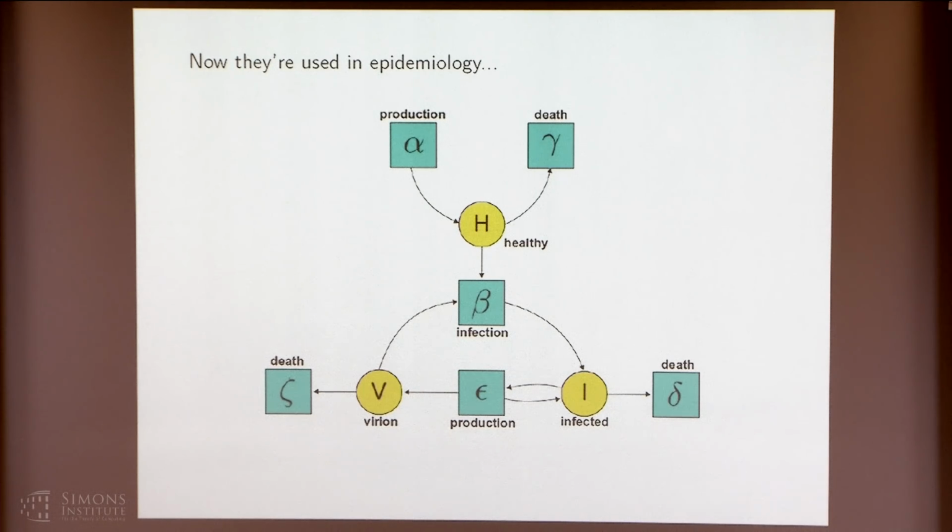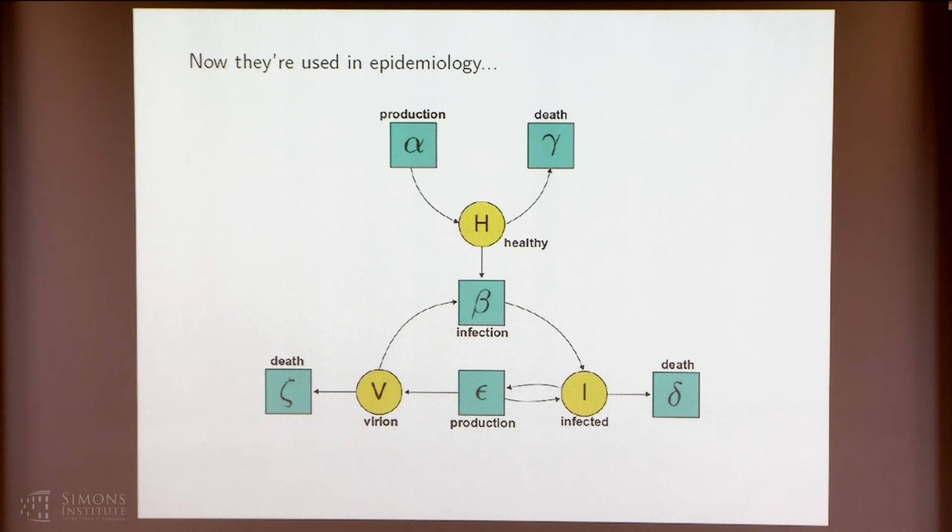And what they do in this discipline is take this kind of diagram and translate it into a system of ordinary differential equations that describes, as a function of time, how the number of these various entities in your places changes with time.